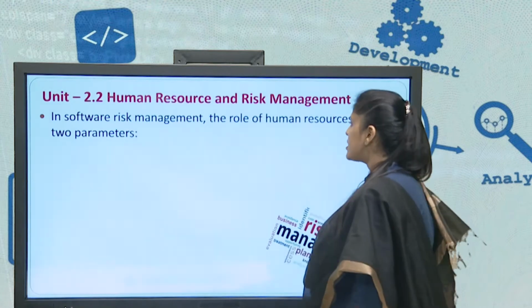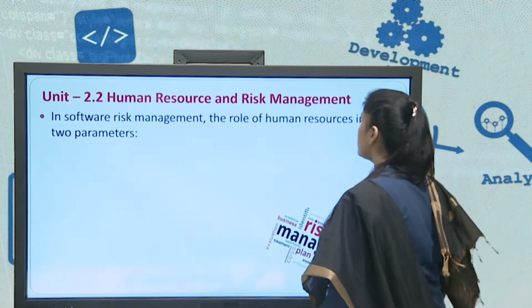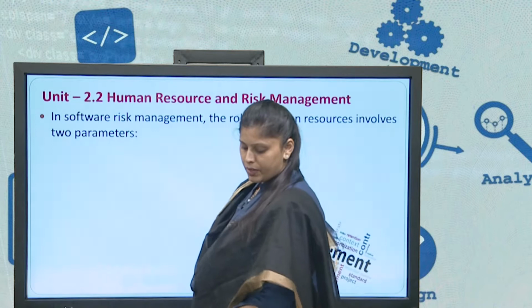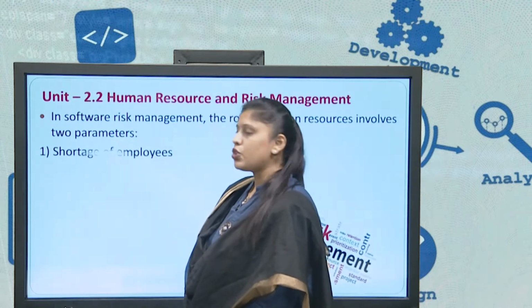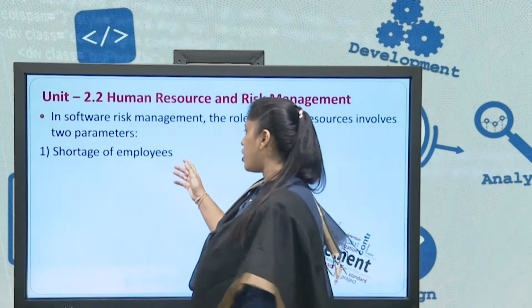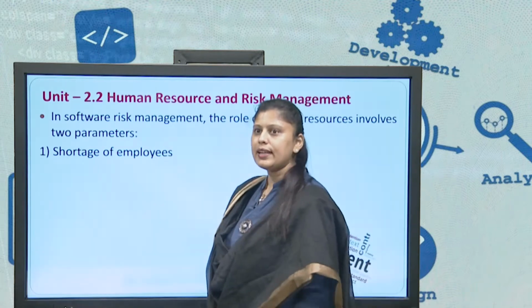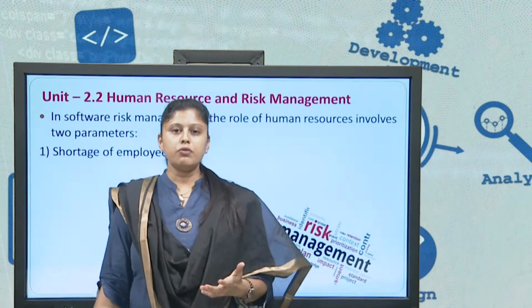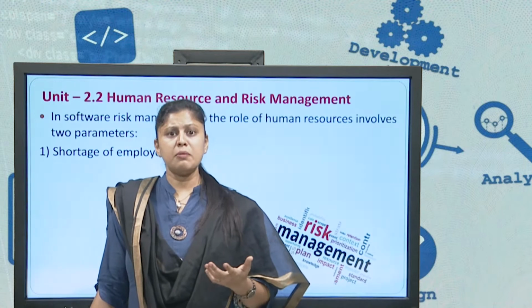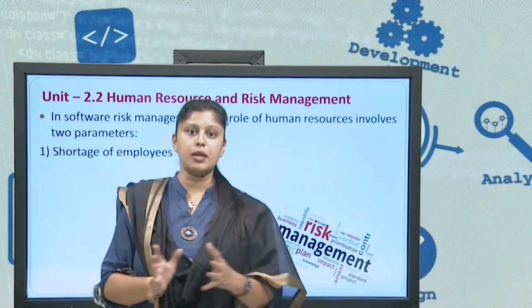In software risk management, the role of human resource involves two parameters which are always to be considered. First is the shortage of employees. Sometimes you will find the project being risky because you don't have enough team members.